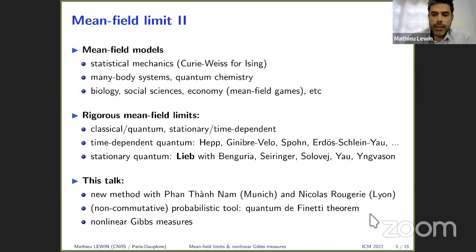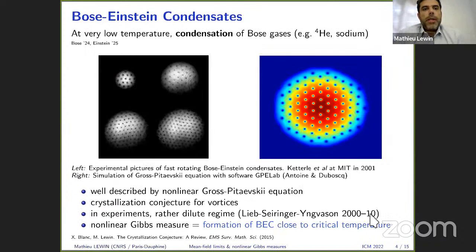But before I start describing a little bit more what we can prove, let me make some comments about the physics. So this question is typically useful for modeling Bose-Einstein condensates. So let me remind you that at extremely low temperature, some gases made of some specific atoms like bosons are expected and are known to undergo some phase transition at very low temperature.